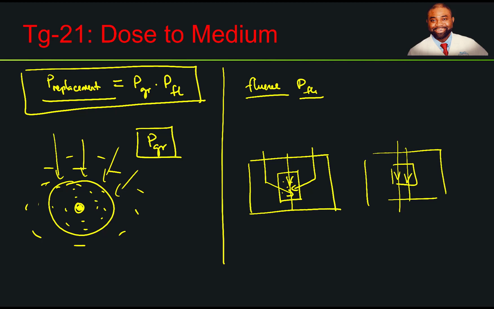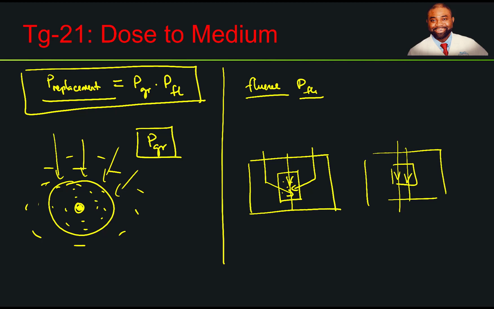As a result, in order to combat this, pancake chambers or parallel plate chambers are designed with an adequate guard ring around it, and it has been shown experimentally that for such chambers P fluence is equal to 1.